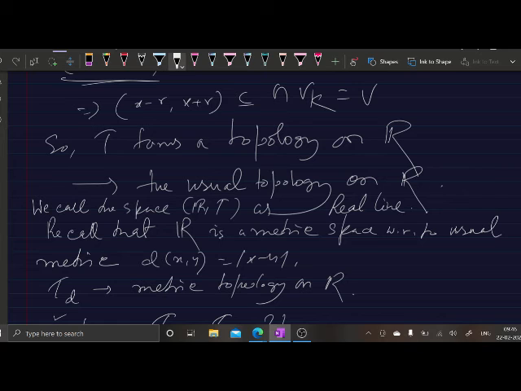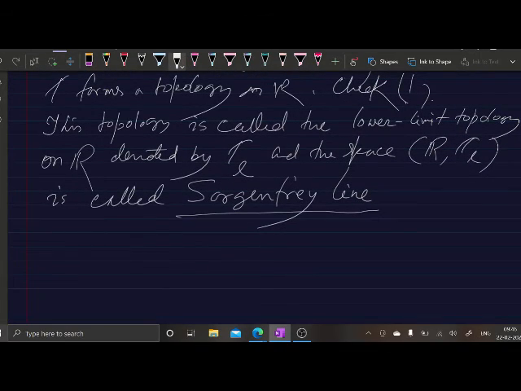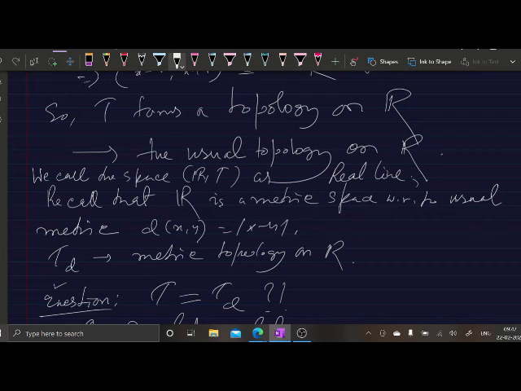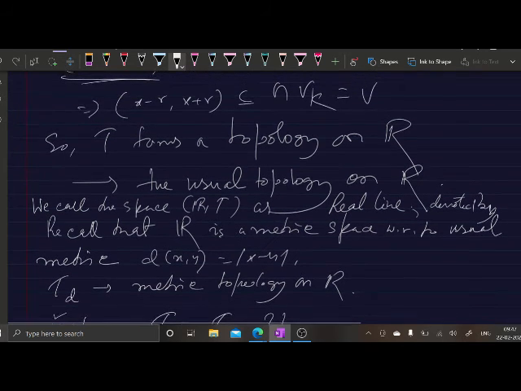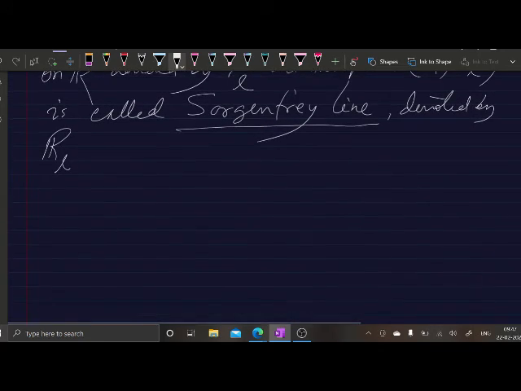With respect to the lower limit topology, we call R the Sorgenfrey line, denoted by R suffix L. So whenever we refer to this RL, it means R is equipped with the lower limit topology, and the real line can also be denoted, to make a distinction, by R U. So R U means R is equipped with the usual topology.